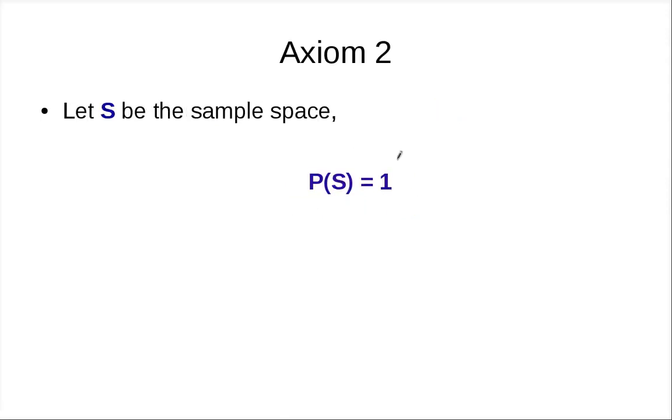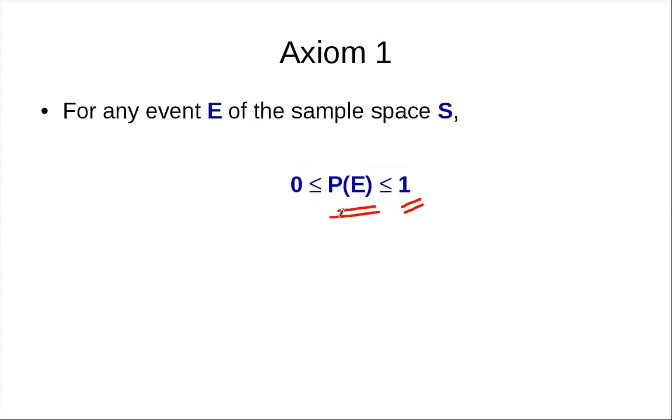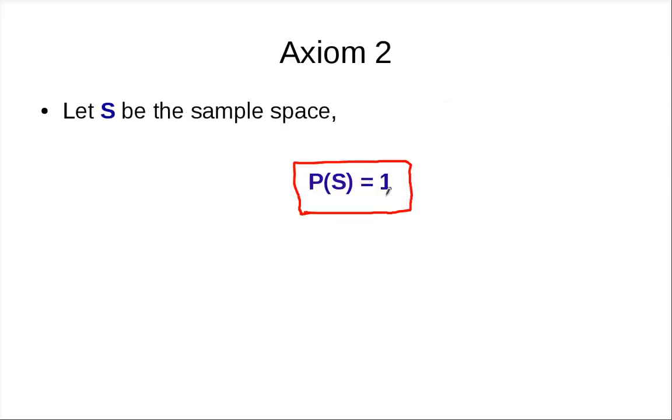The second axiom says that the probability of the sample space is 1. It means that the probability that you're going to get some outcome from this set is 1. Something is going to happen for sure because you do some random experiment. So any event has probability from 0 to 1, and it reaches 1 at the sample space.